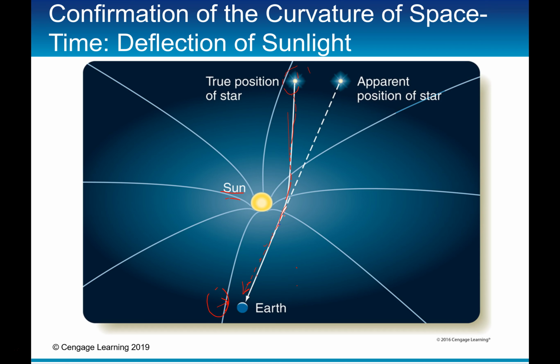So if you take this trajectory back, this is where we see the star, and this is where it actually is. So the position is shifted due to the dent that the sun is making in the fabric of space-time.